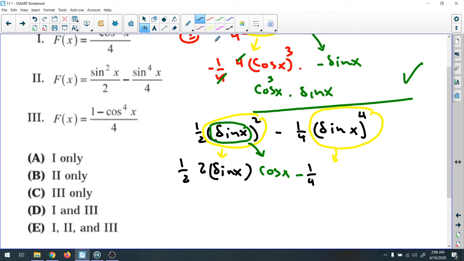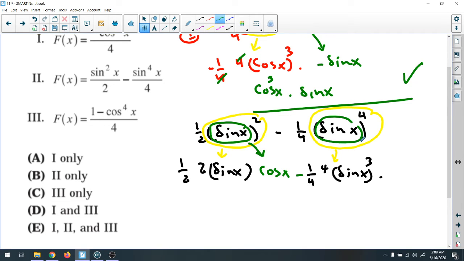Put down 4 times sine x with exponent 4 minus 1 is 3, times the derivative of the inside.